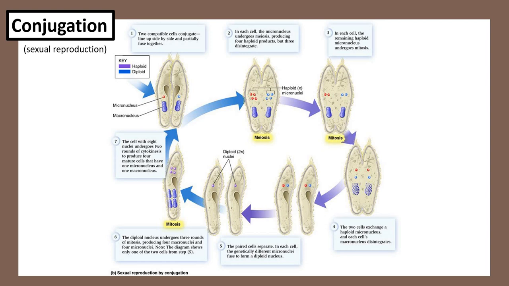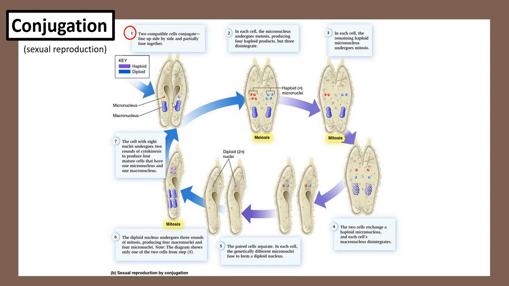Okay, going on to sexual reproduction. Basically we're going to be talking a lot about those micronuclei again. First off, what happens, if you look at number 1, is two paramecia line up, and they actually will partly fuse together.